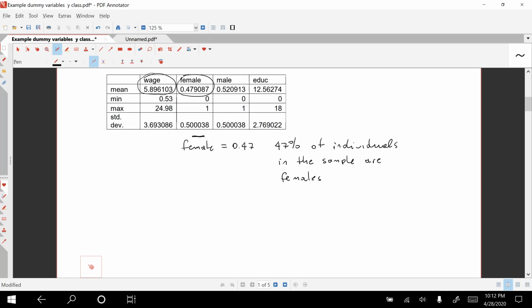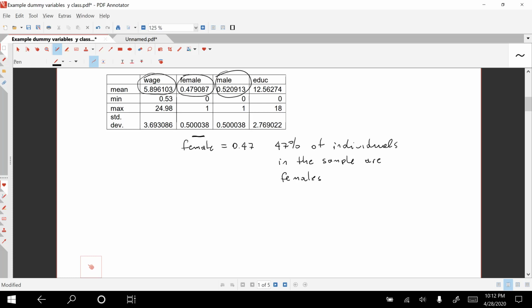The average value of a dummy variable represents the proportion of individuals for which that variable has a value equal to 1. In this case, the proportion of individuals for which female is equal to 1 is going to be 47%.